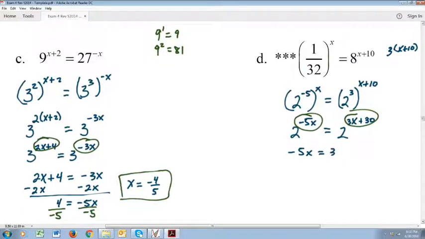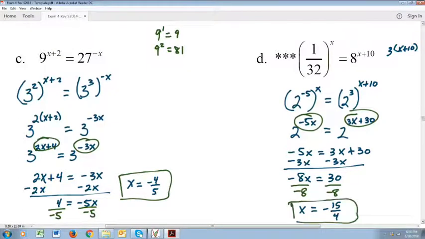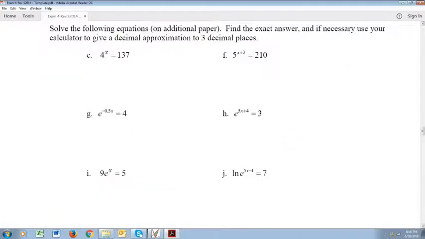So let's set them equal. Let me subtract 3x on both sides, and we'll divide by -8. And we get -15/4. All right, let's move on.